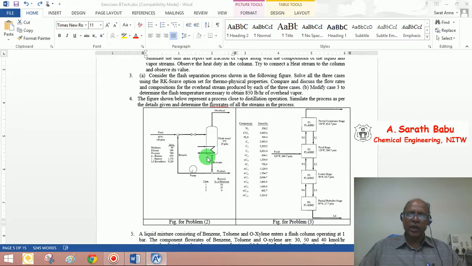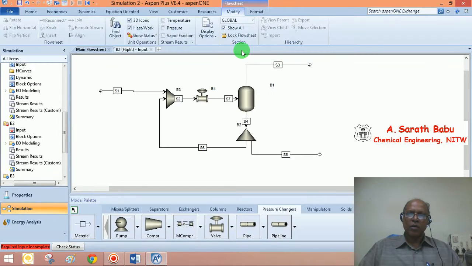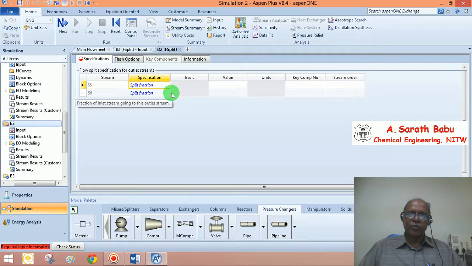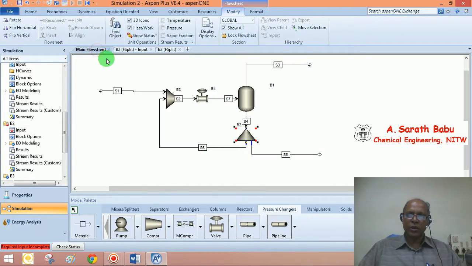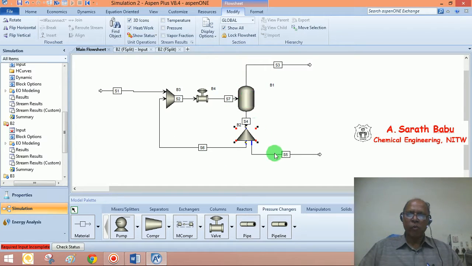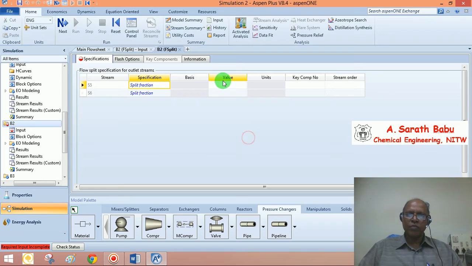Let me deal with this case first. So the split fraction with respect to S5 should be 1. Obviously nothing will go into S6. Okay, say next.